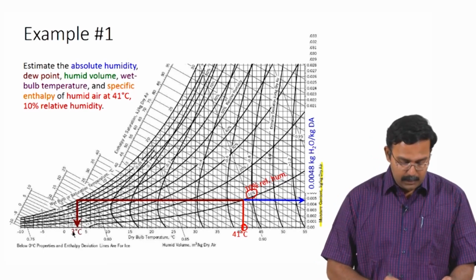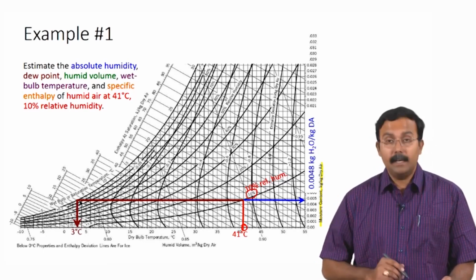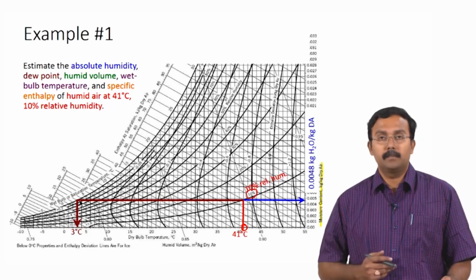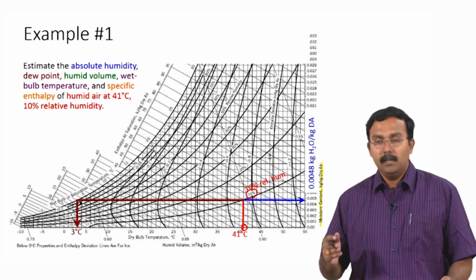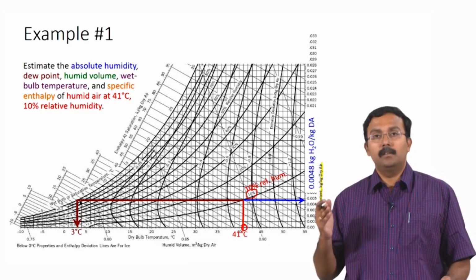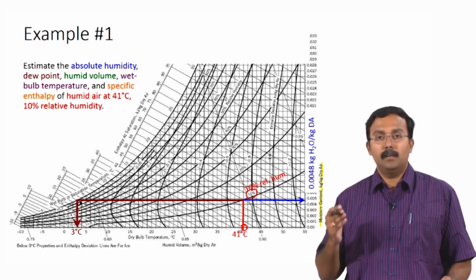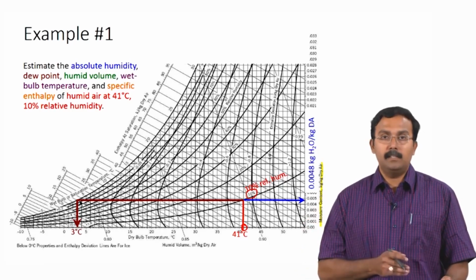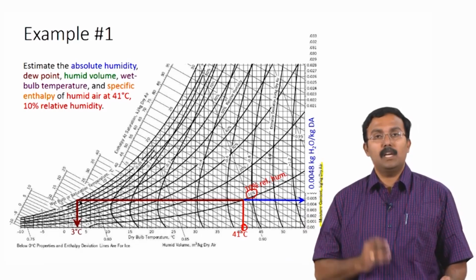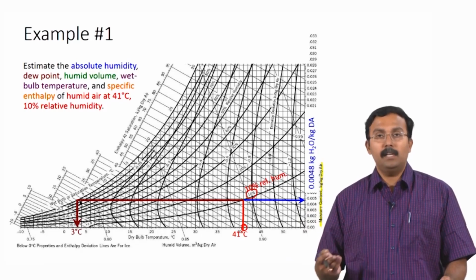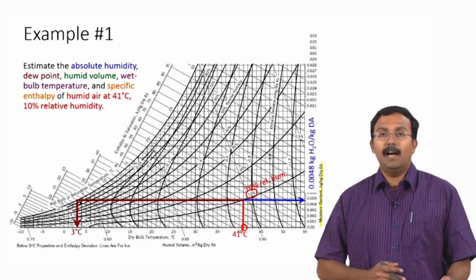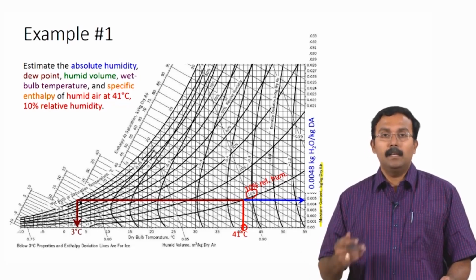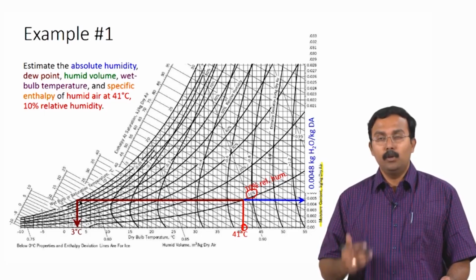That would be the dew point for this particular mixture. So, as you see, you have to cool the 41 degrees Celsius, 10% relative humidity air all the way to 3 degrees Celsius for the first dew to start forming. If the relative humidity were higher, the dew point would also be higher.